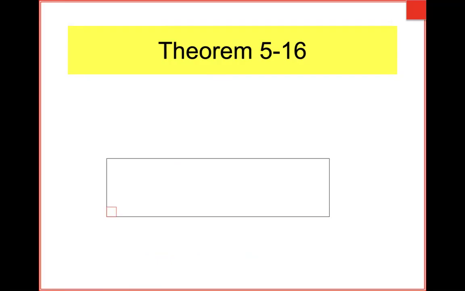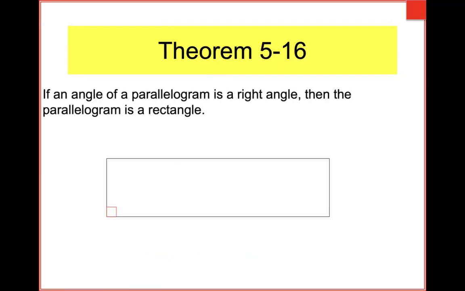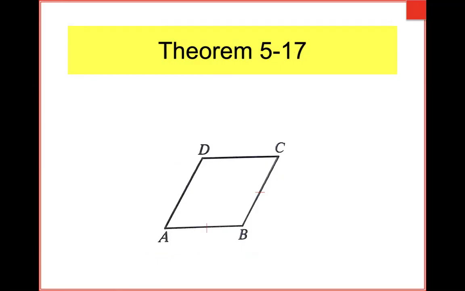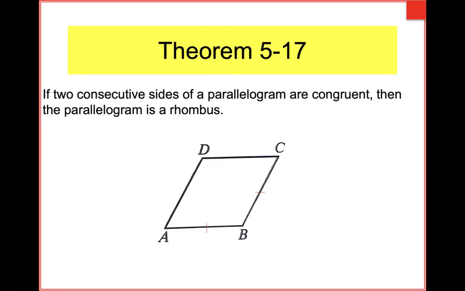And then that last one we did, which was if you have a quadrilateral that is also a parallelogram, and you know that one of the angles is 90, then they're all 90, which makes it a rectangle. I lied. The last one was 5.17, which stated if you have two consecutive sides of a parallelogram, and they are congruent, then that makes it a rhombus.